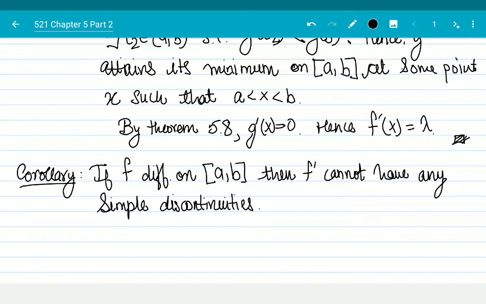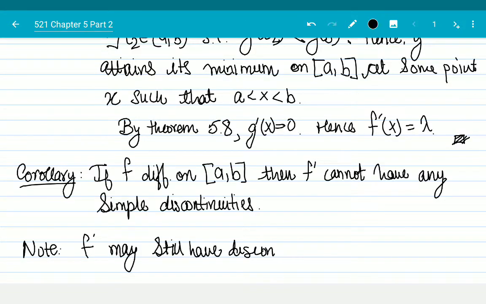Okay, so note f prime may still have discontinuities of the second kind.